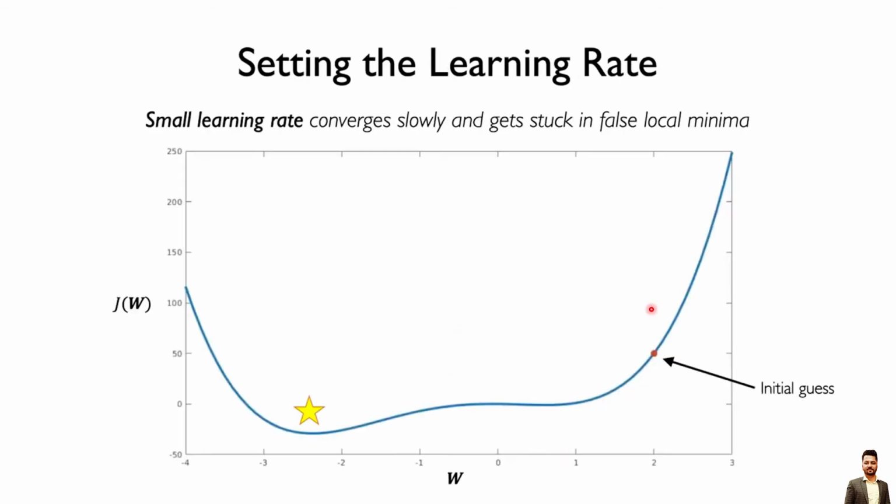So let's say that the initial guess is we are at this point, and we know that we have to reach this point where the star is. Now, how to do this optimization of learning rate? How do we converge to this point? There are multiple methods.